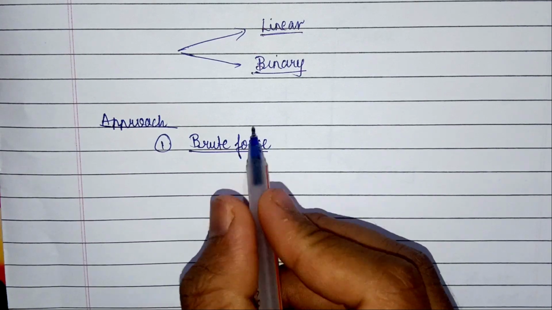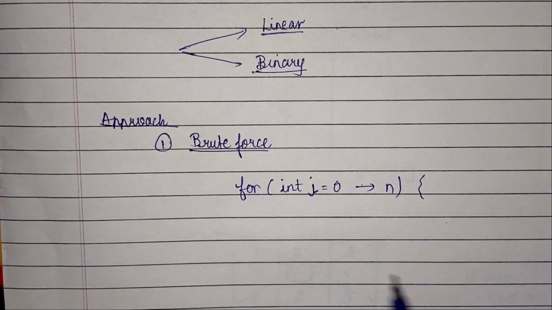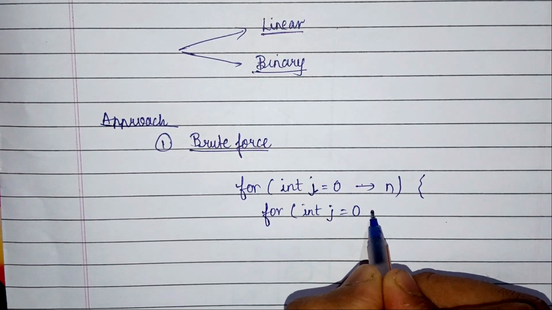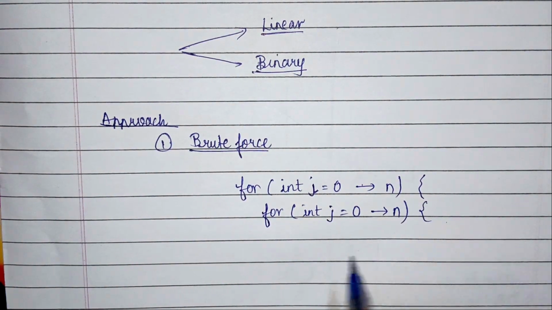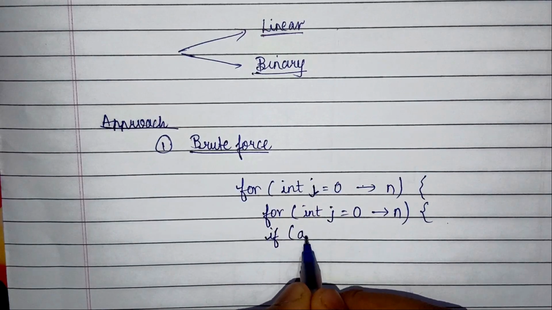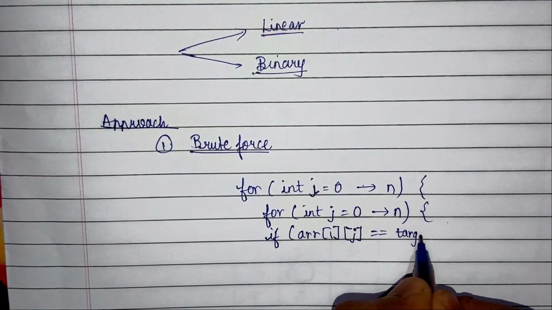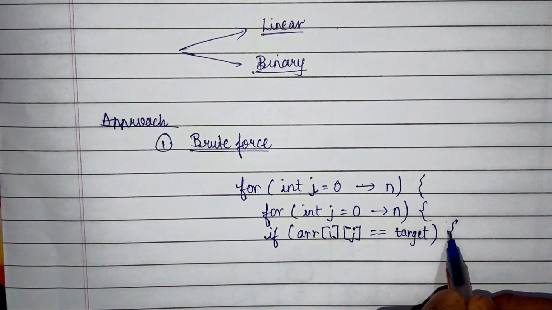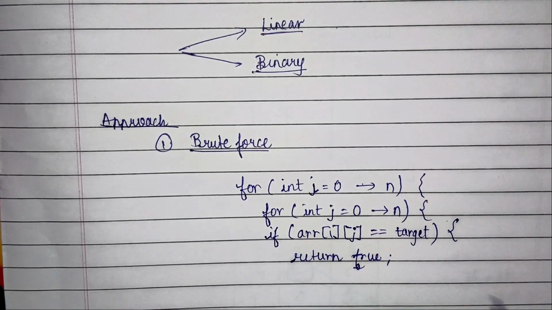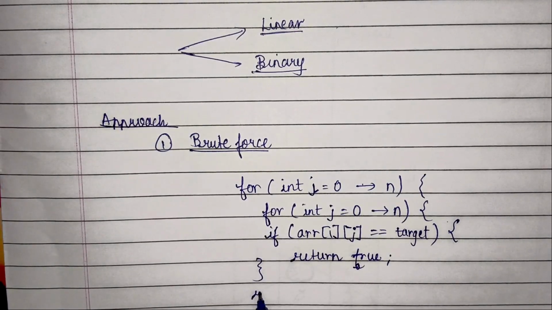So we can go to each and every element. So for int i is equal to 0 to n, this is for row, and for int j is equal to 0 to n, and here we will give the condition: if array of i j is equal to the target or key, we return true if the element is present in the matrix, and if the element is not present in the matrix, then we return false.